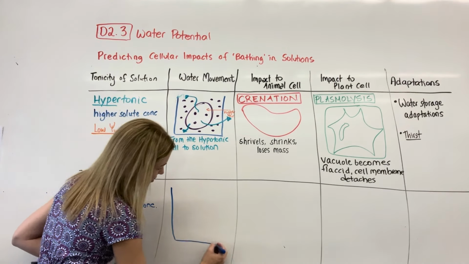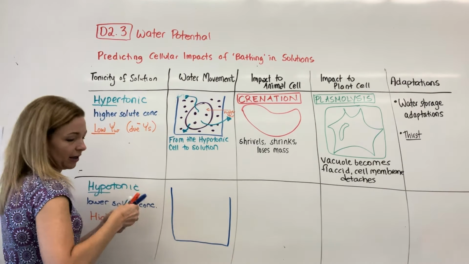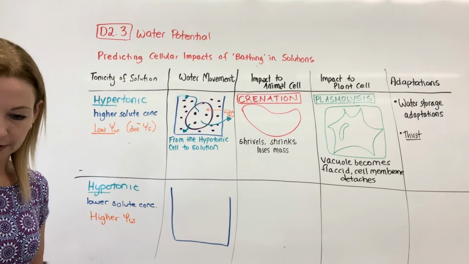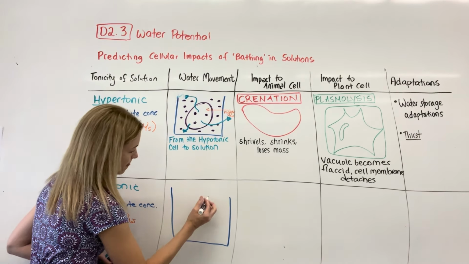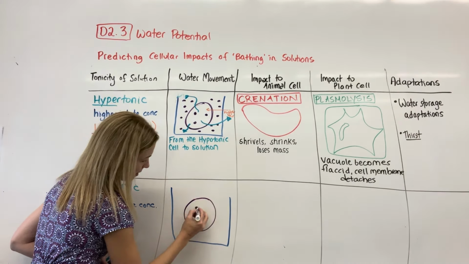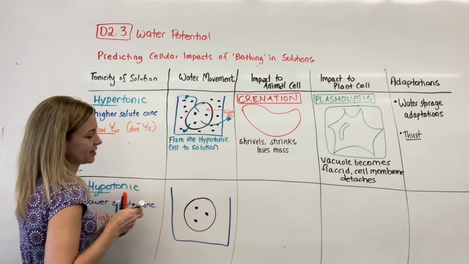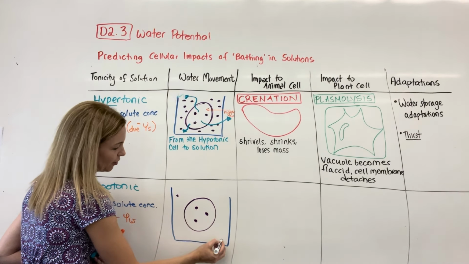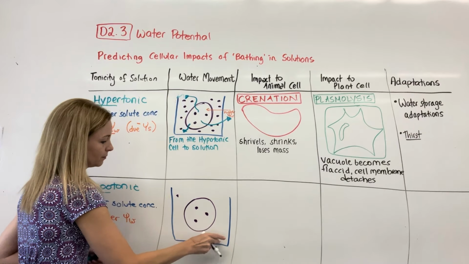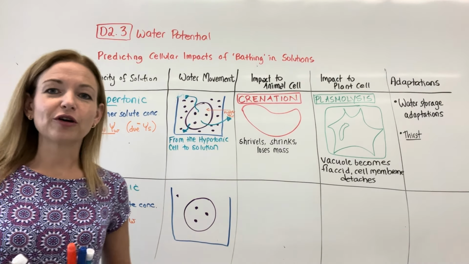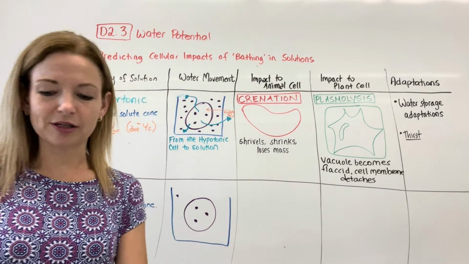So here we have our solution. Here we have our cell. There's my purple for my cell. My cell has some solutes, but the environment has none or very few. So we'll just give it one little solute. So it could have some solutes or it could have no solutes.